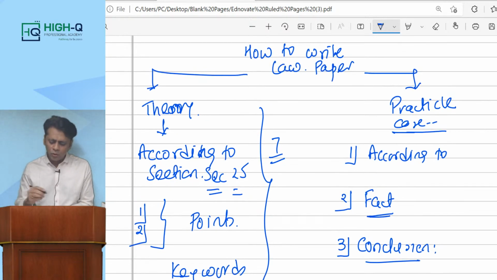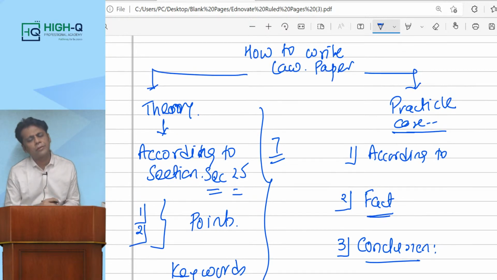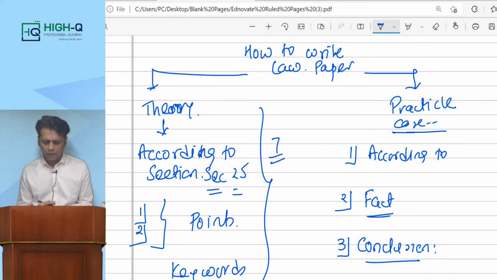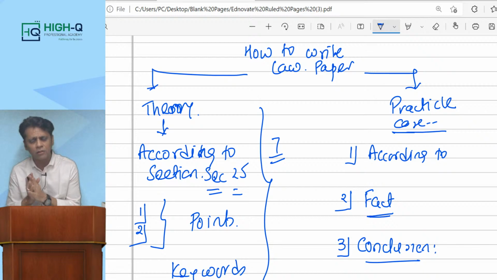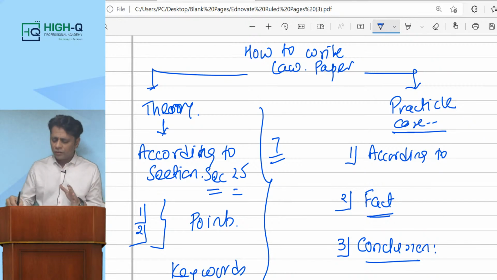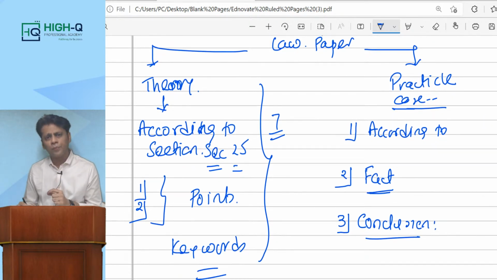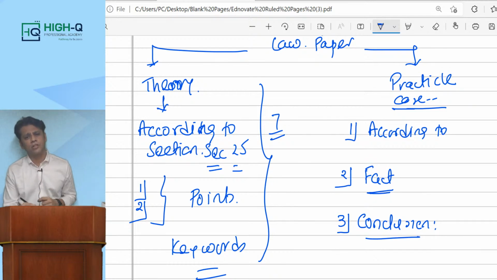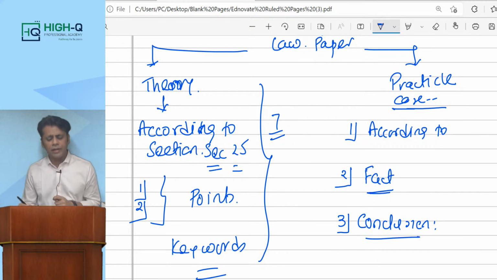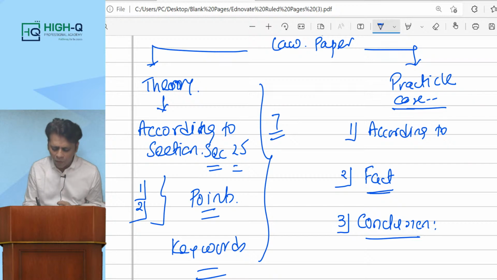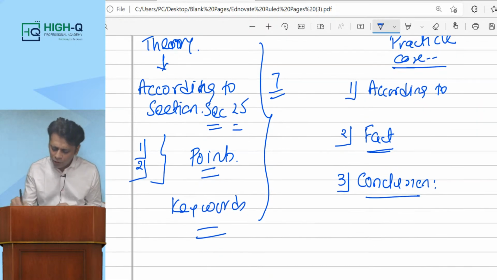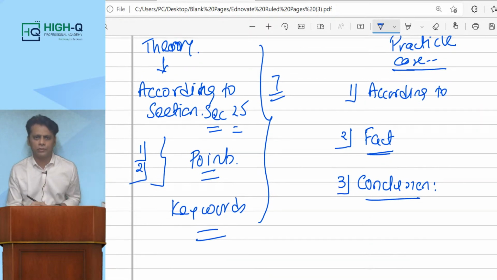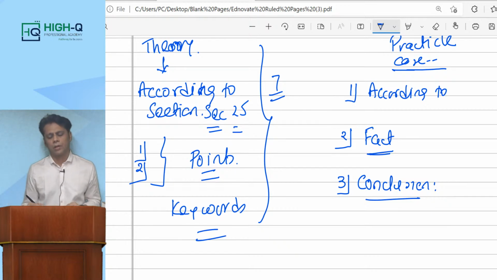So, there are 2 types of questions that they ask in law paper. One is a theoretical question, another is a practical question. Whenever there is a theory question, I told you, first of all, you start with the section number. Second, you cover all the points. And third, try to incorporate the keywords in your answer.